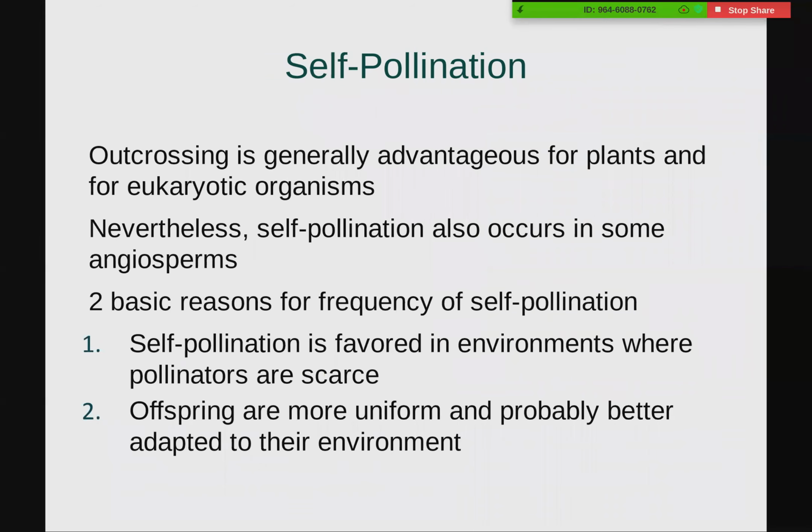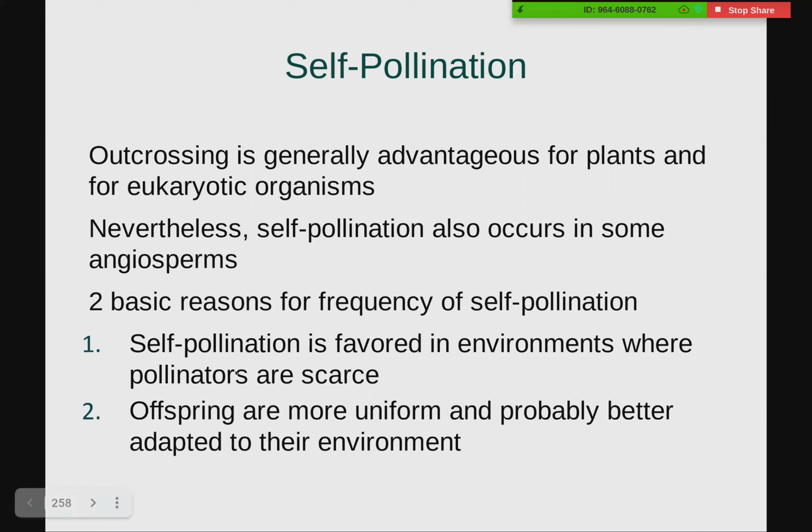So now, self-pollination is a thing. Now outcrossing or cross pollination is much more advantageous for plants and eukaryotes as a whole, right? Sexual reproduction is awesome for more genetic diversity, and more genetic diversity is a good thing. However, self-pollination is pretty common. Now, there are two basic reasons for the frequency of self-pollination.